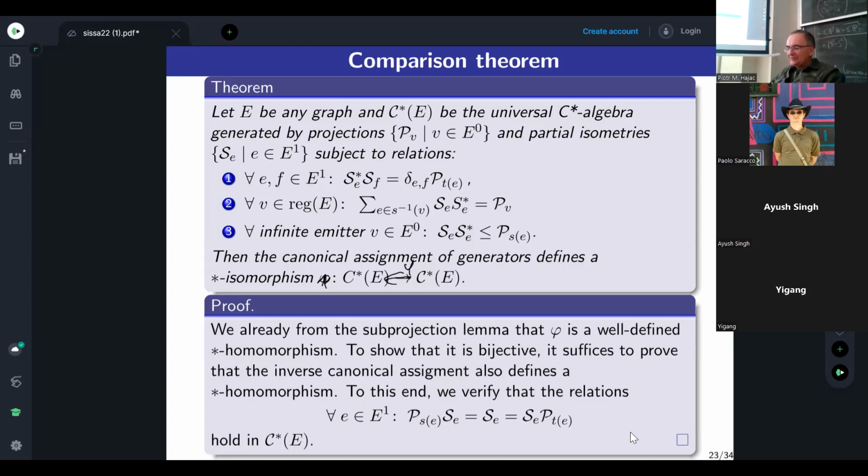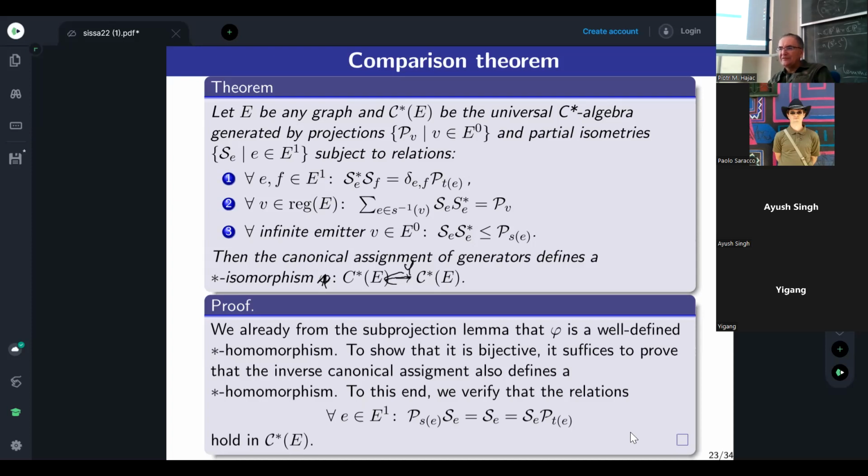So you see, that's why I go from this calligraphic C*-algebra to the graph C*-algebra, because, I repeat, I have fewer relations on the calligraphic side. I don't have this relation. On the non-calligraphic side, I proved this infinite emitter relation for all edges, so in particular for infinite emitters. But for finite emitters, this inequality is actually trivial.